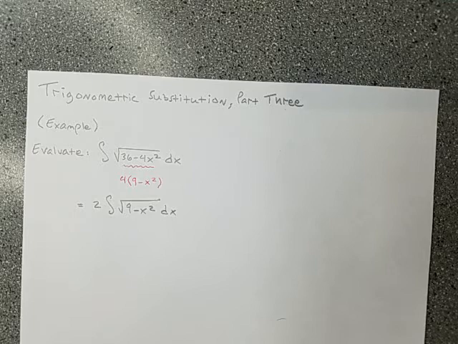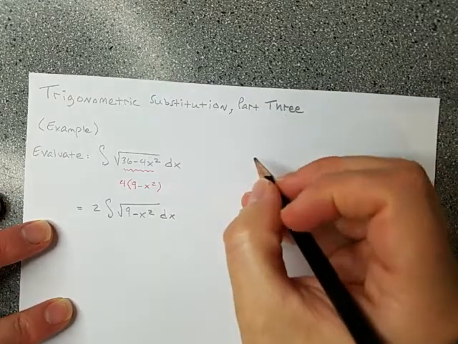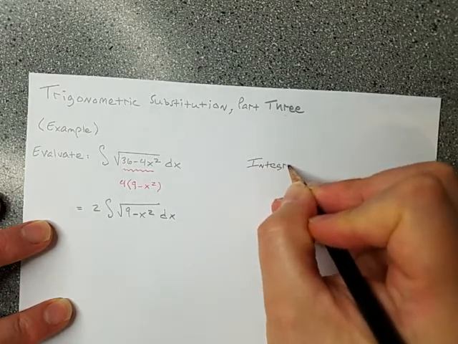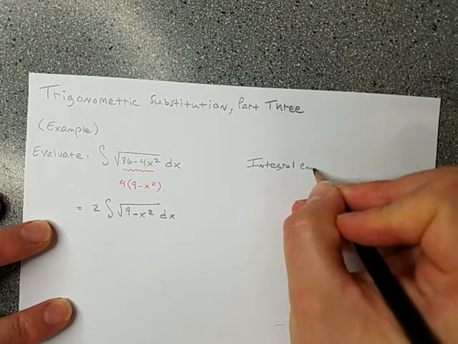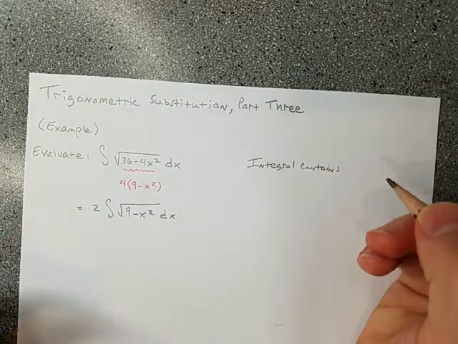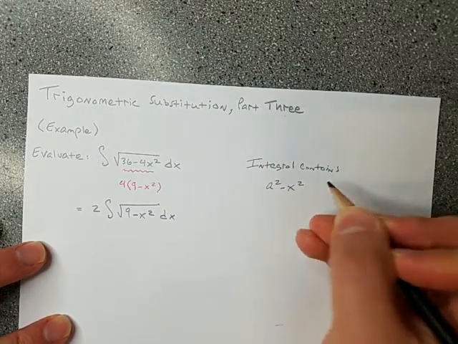So say we get to that point, and then I try to figure out how to use those guidelines. The wording was that the integral contains a difference of squares. It contains a squared minus x squared, right?